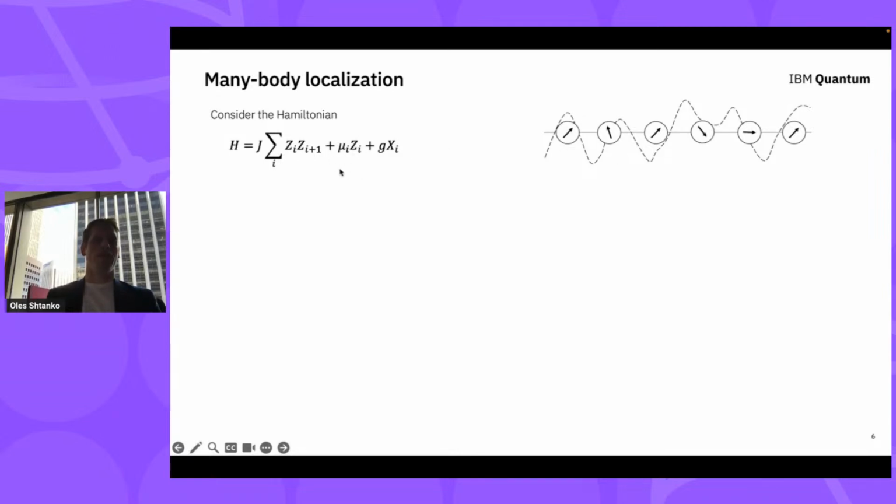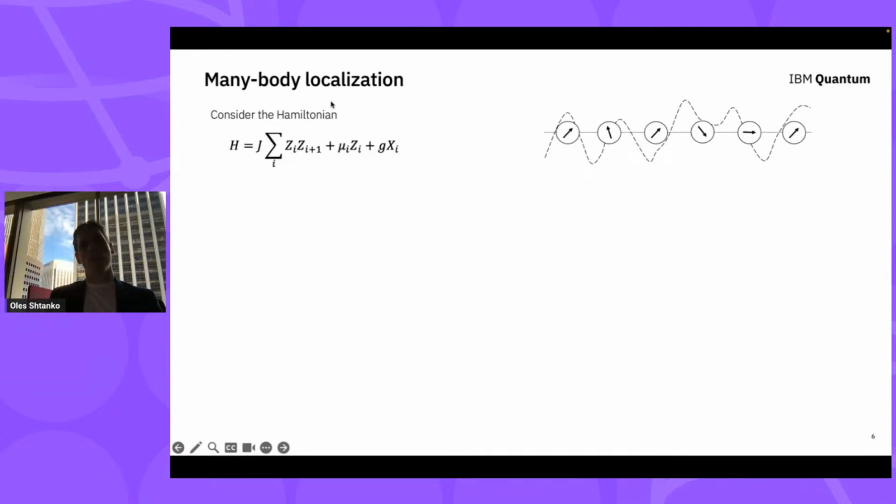And very importantly, this field is disordered. It changes from qubit to qubit, taking random values. The final term is also a field, but it is directed in the transverse direction. Its role is to introduce some quantum fluctuations to the system, because without this term, your system is what we call classical. It means that it doesn't have any quantum superpositions.